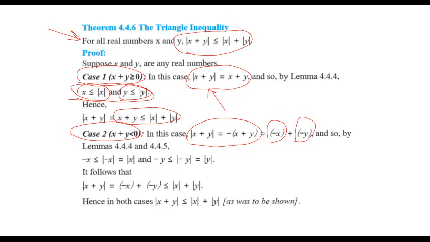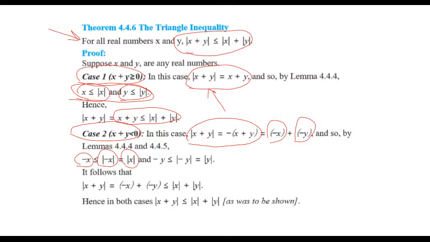Based on lemmas 4.4.4 and 4.4.5 that we proved before, negative x is less than or equal to the absolute value of negative x, that's based on lemma 4.4.5, and the absolute value of negative x is equal to the absolute value of x.